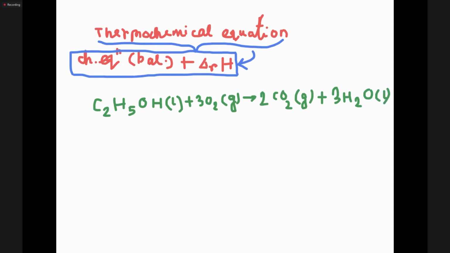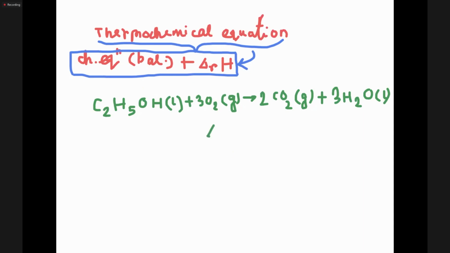So we have the total balanced equation, but this equation is not yet a thermochemical equation, because I have told you a chemical equation in balanced form along with the delta R H value, that is the reaction enthalpy value at the standard state, is termed a thermochemical equation. So to make it a thermochemical equation, we have to provide the delta R H value.